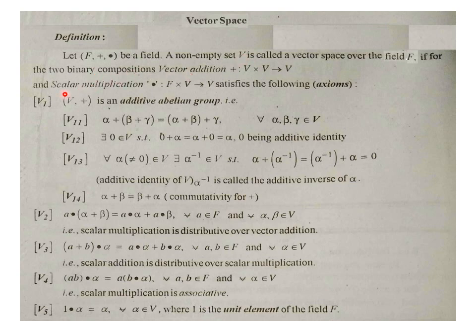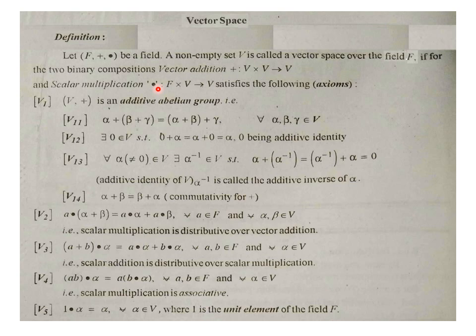Then scalar multiplication as a binary composition, practically what does that mean? If you take one element of set F and one element of set V, and the element of F is multiplied with the element of set V, and the result comes as an element of set V, then we say that that is the process of scalar multiplication.